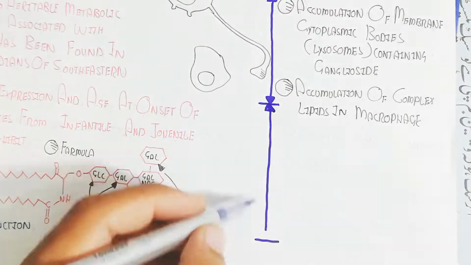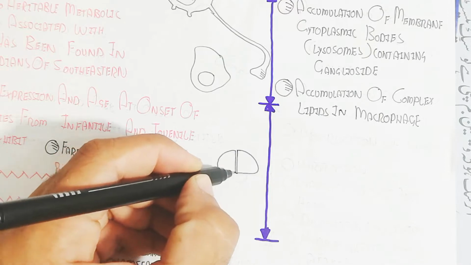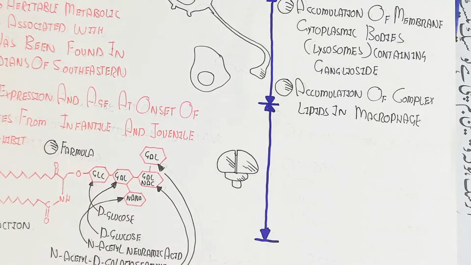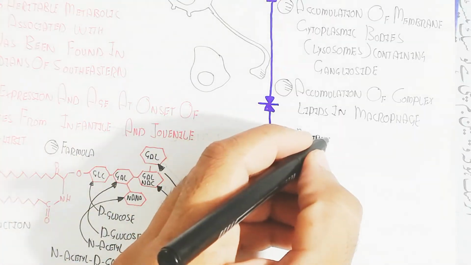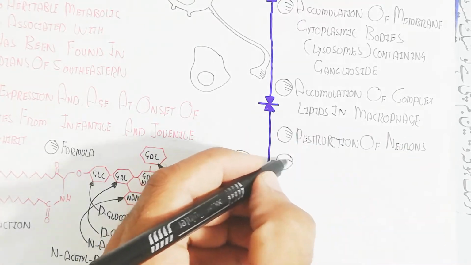Accumulation of complex lipid in the macrophage leads to dysfunction of the macrophage in the brain and destruction of neurons, and hypotension due to brain accumulation of lipids, the GM2 gangliosides.